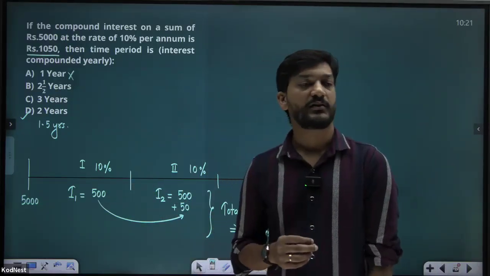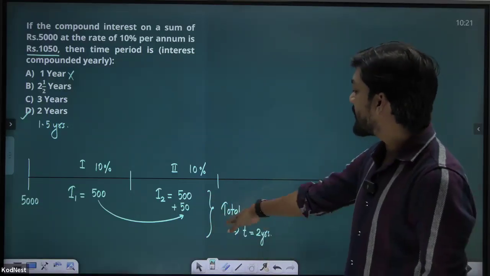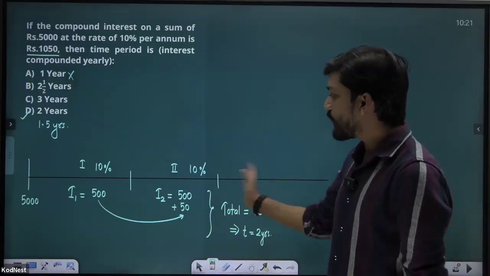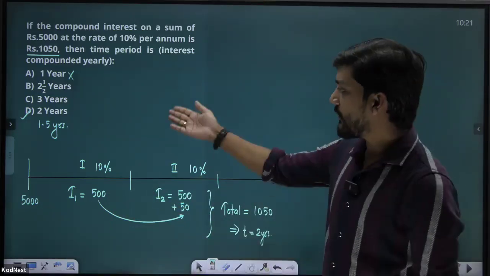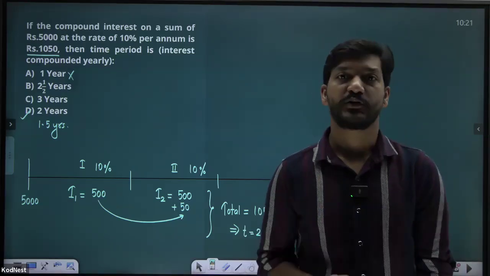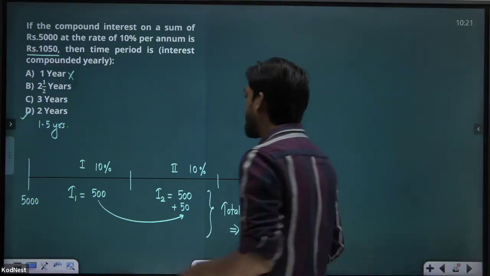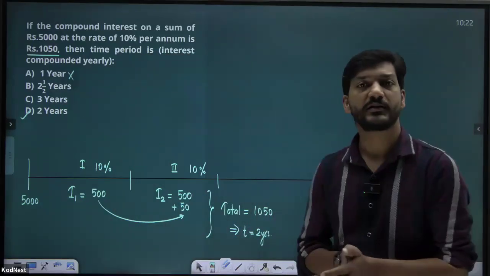What is the meaning of this? It is not 1 year, it is not 2 years, it is not after 2 years. It is below 2 years but more than 1 year. So that means 1.5 years. So this way we can mark the options. But anyways, it is not present. So D option, 2 years, is correct.